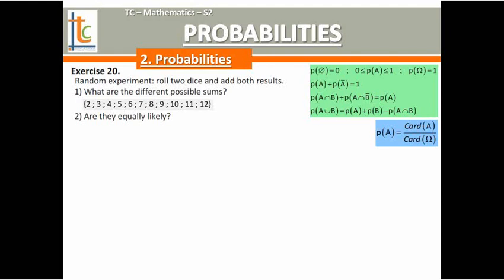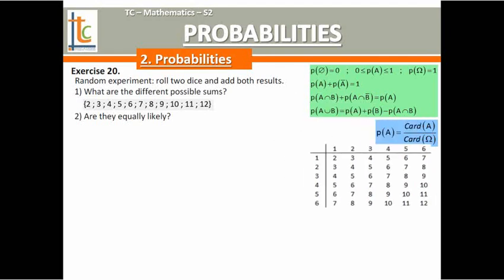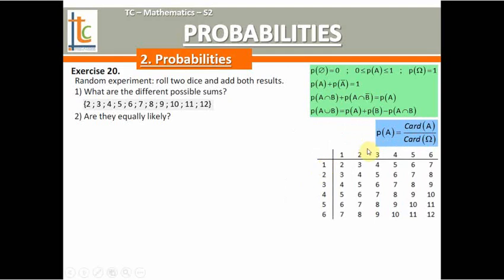So let's have an overview of all the possibilities. Each of the dice makes 6 possible outcomes: 1, 2, 3, 4, 5, 6. So let's cross the results that are possible for the first die and for the second one. And then I'm going to add both results in each crossing.